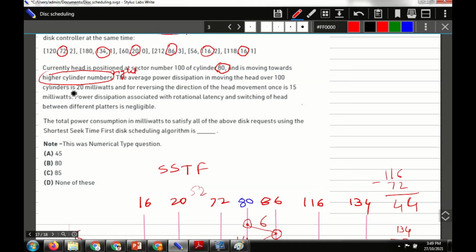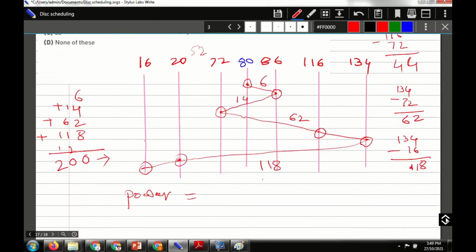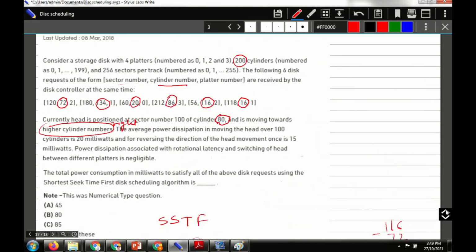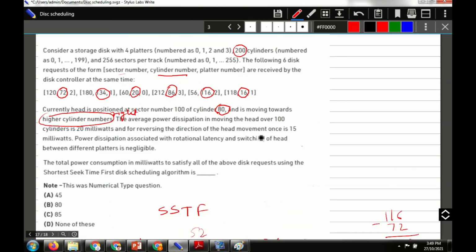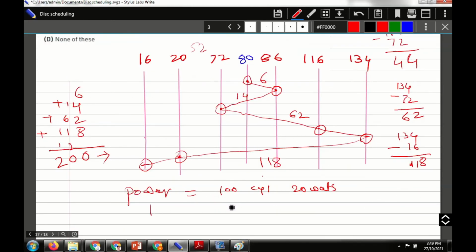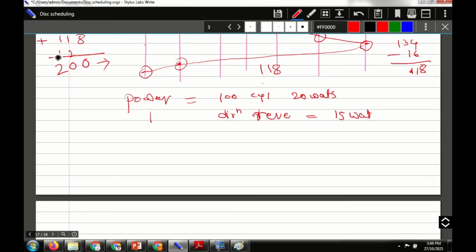The average power dissipation in moving the head over 100 cylinders is 20, so for 100 cylinders 20 is required. And reversing the direction of the head movement once requires 15. So for a direction reverse it requires 15.